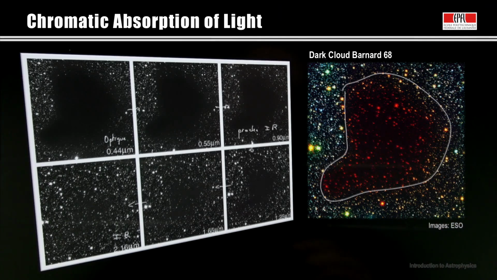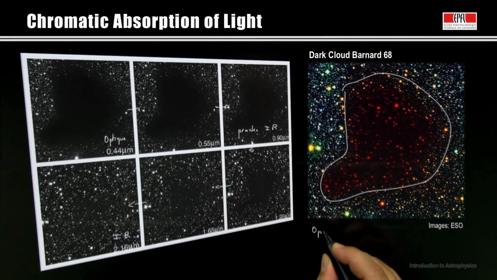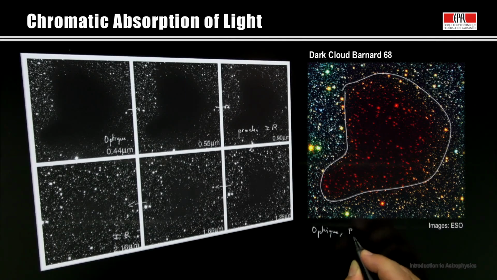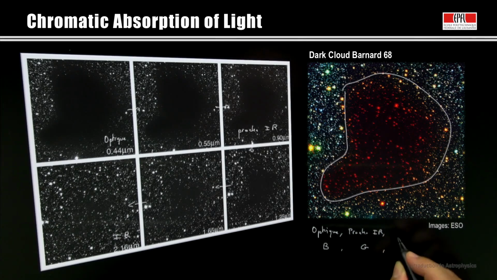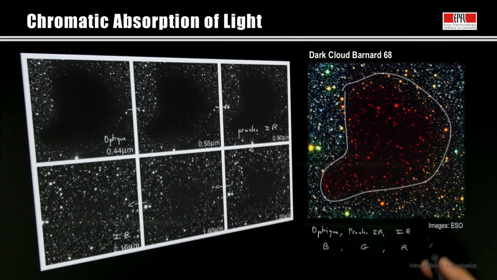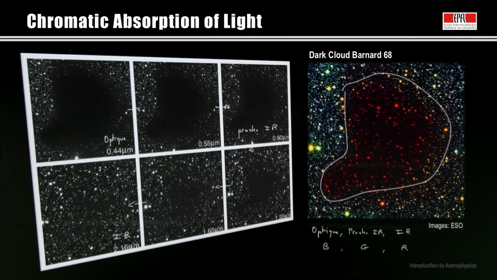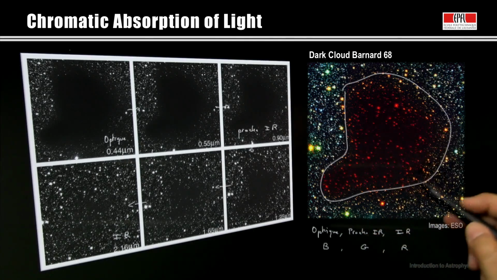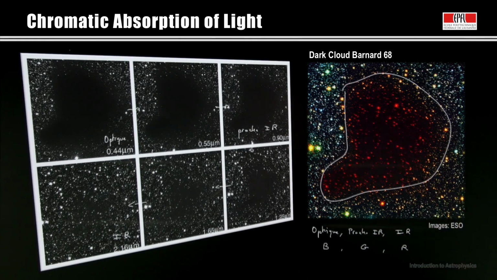This is an image in false color, with the visible light in the blue channel, the near infrared in the green channel, and the infrared in the red channel. Looking at this image, one can at once see a large cloud of dust located along the line of sight to the observer.